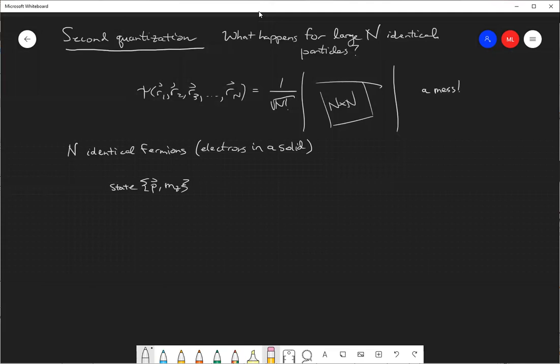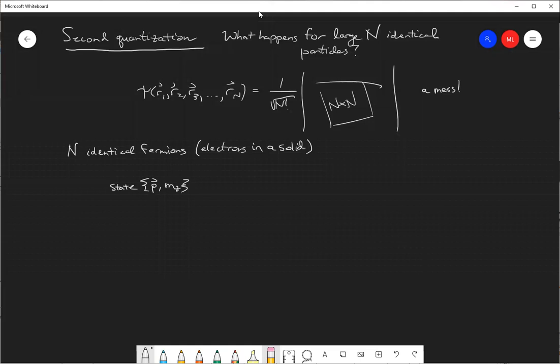And when you're dealing with a system of n of these guys, what will happen? Well, you need to be able to sum over all the possible states that these guys are in. And the idea is, remember that no two identical fermions can occupy the same state.